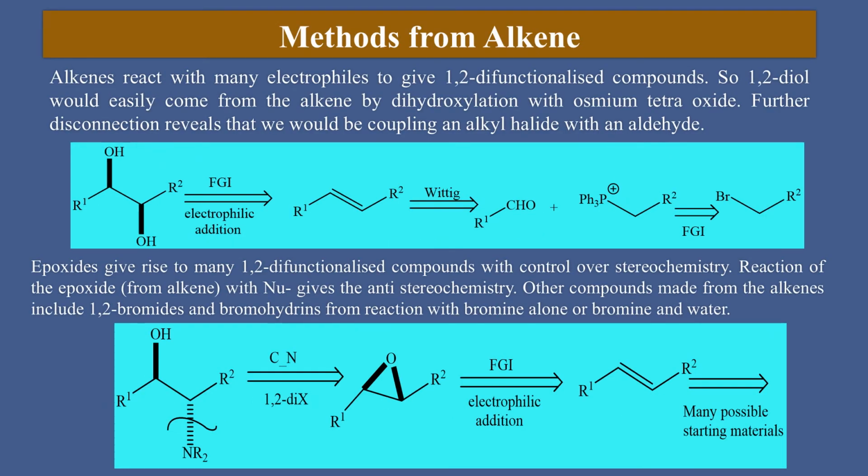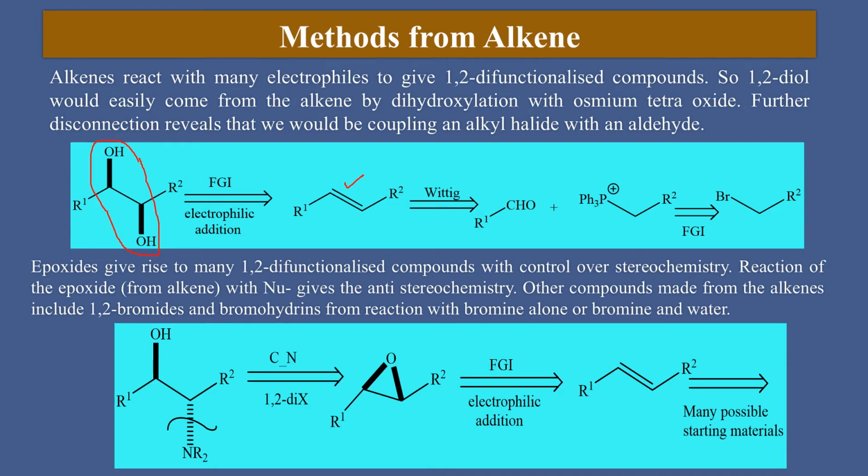Another method to prepare 1,2-diol or 1,2-difunctionalized compounds is from alkene. If we have a 1,2-diol, these can be easily prepared by the dihydroxylation of alkene. Dihydroxylation can take place in the presence of osmium tetroxide or potassium permanganate.